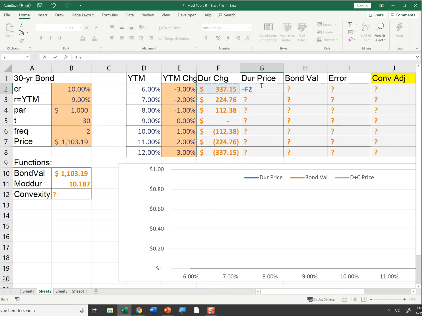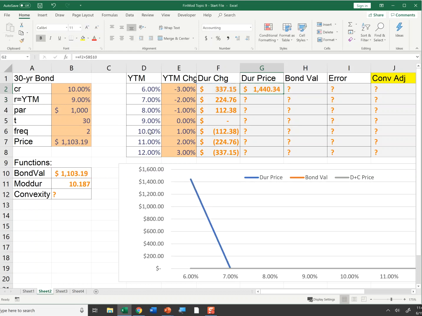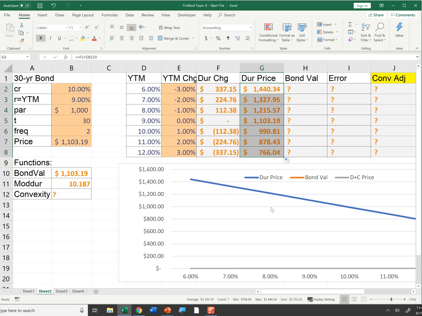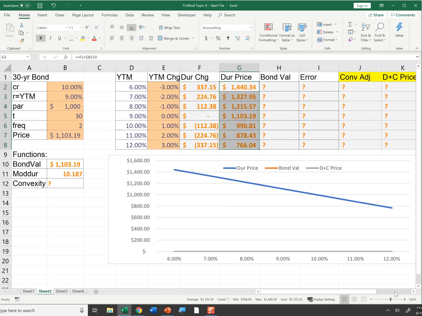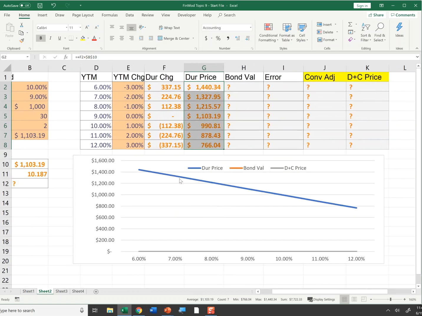Now, if I take that change in value and add the initial bond value, I estimate that the bond value, if rates are down 300 basis points, will be $1440. I'll copy that down. And what you see here is a bond price yield relationship using duration as our estimator. So here's our inverse relationship. The slope of this line is going to be that 10, or minus 10 as a percent.